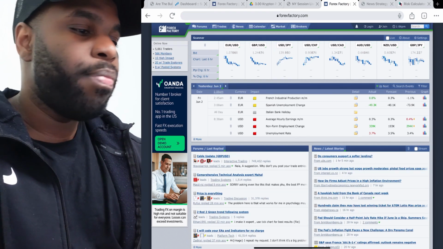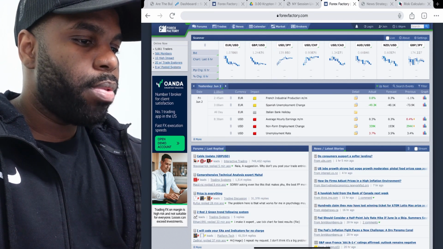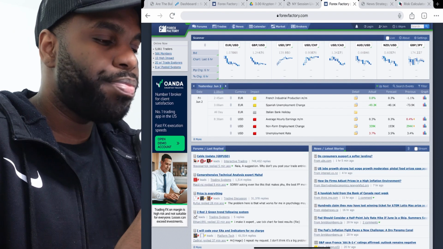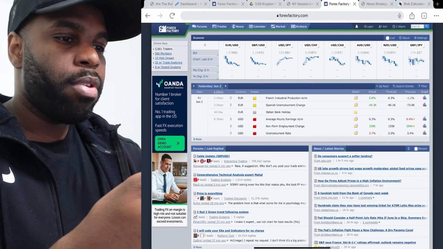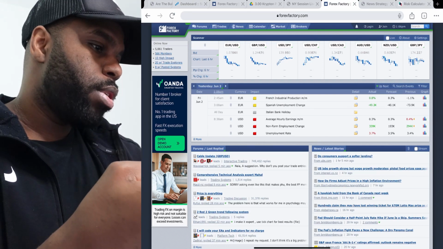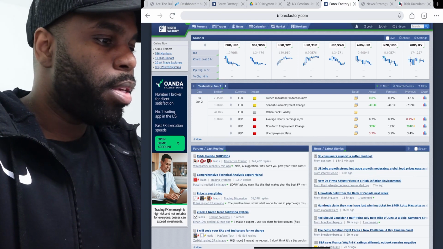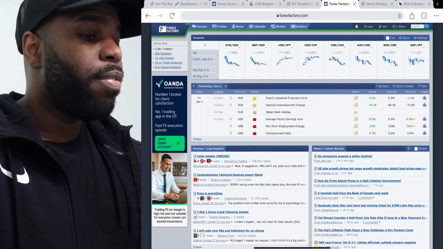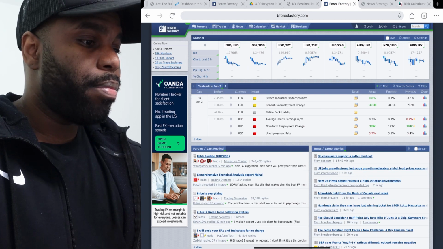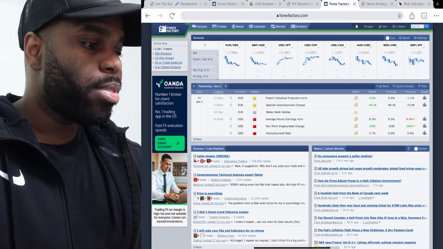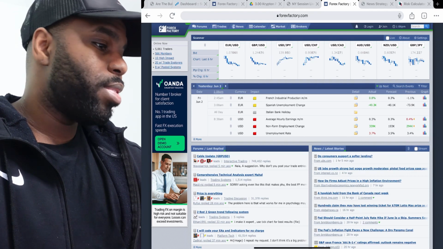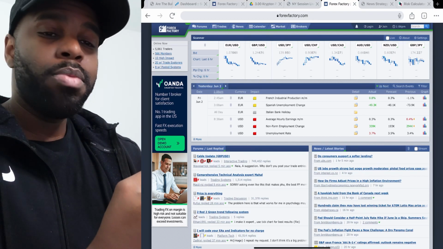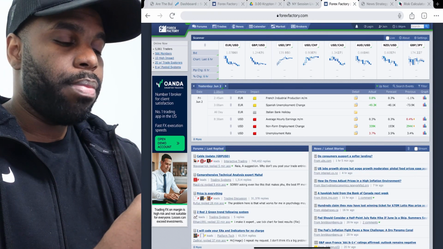So in this case, on Friday, I was looking at the NFP, the non-farm employment. To determine if it's going to be bad or good for gold, you look at the forecast, the previous, and the actual. If the actual is higher than the forecast and the previous, then it's bullish for USD, and it's bearish for gold and silver.